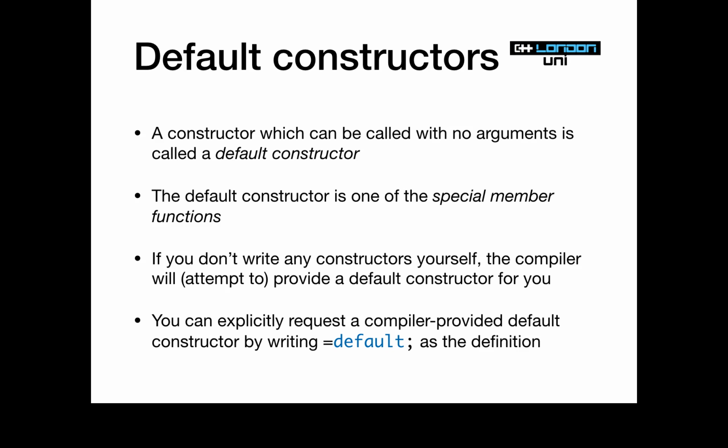So the compiler-provided default constructor just default constructs all of our members in turn. Remember, default construction for a built-in type is undefined. Default construction for a class type means call the default constructor.